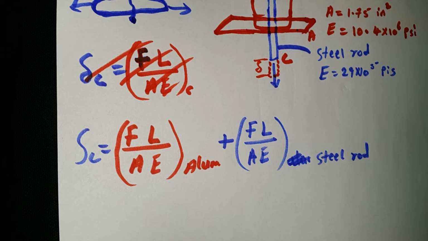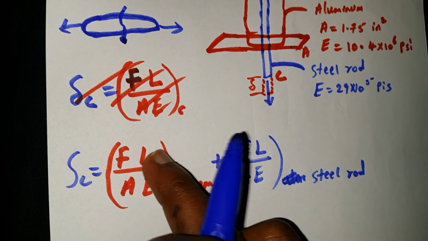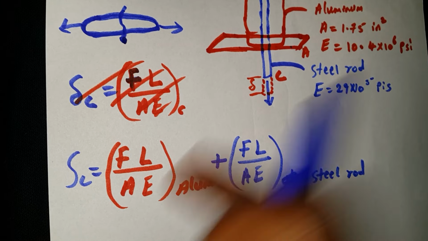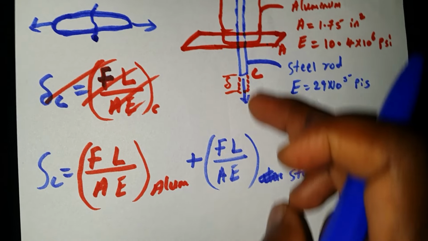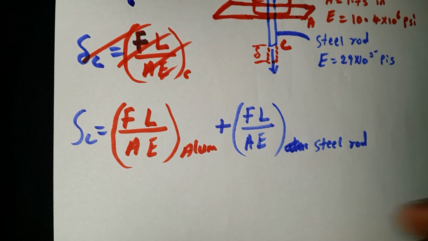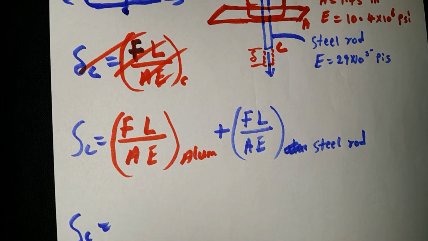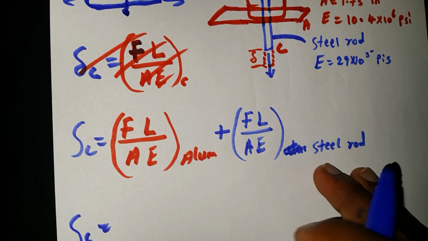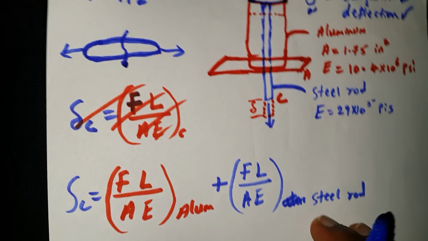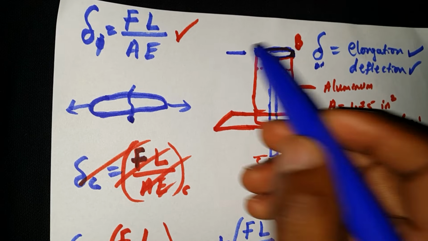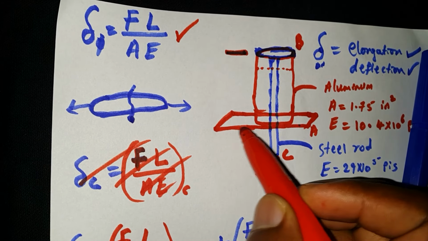Now we have to find the force, the length, the area, and the Young modulus of this aluminium, and also of this steel rod. Now we are looking for this delta C. Here we were told to take the length from here to here.